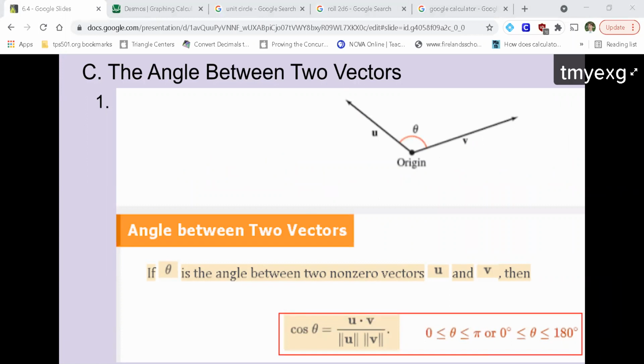Cosine of your angle is equal to the dot product of u and v over the magnitude of u times the magnitude of v. Note that this will always give you the minor angle, not the major angle.